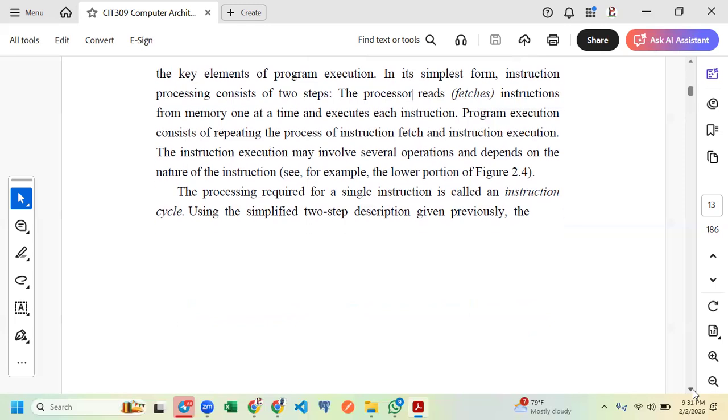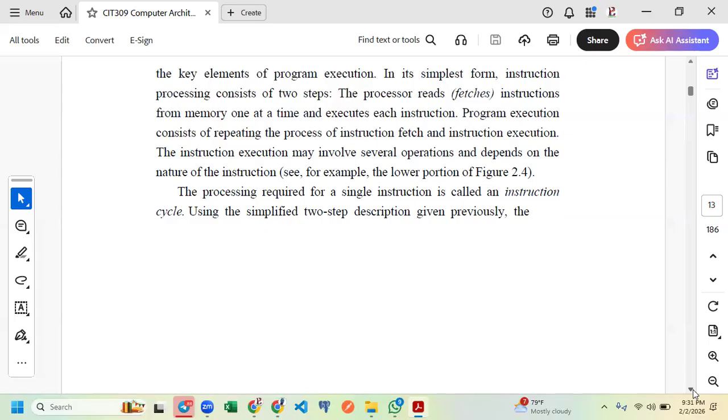So the processing required for a single instruction is called an instruction cycle, which means when you give an instruction to the computer, everything involved, everything the computer employs to perform your instruction, is called the instruction cycle. That is, starting from RAM storing the instruction as you give it to the computer, the control unit fetching it, the ALU executing it if it's a calculative instruction, and registers holding the data temporarily.